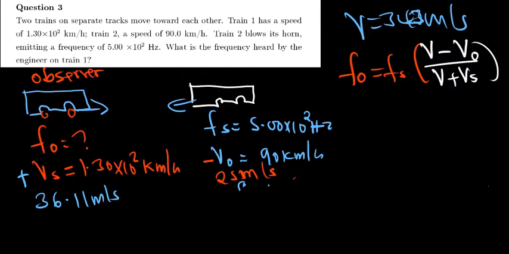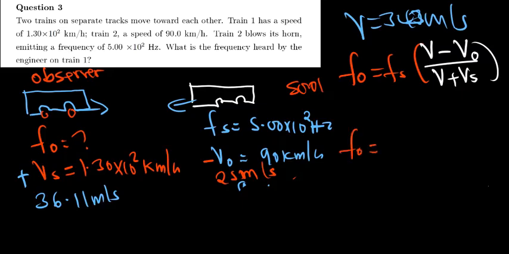And if we discover, do you know that this 5.00 is the same as 500, right? So as we are solving, if we find that the answer is less than 500, then it's definitely wrong, right? Yes, it's wrong. So let's plug in the values.